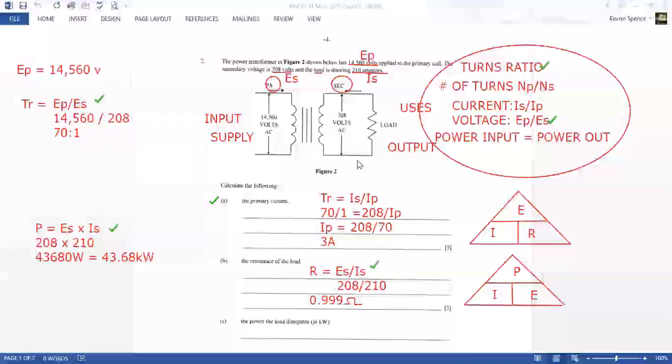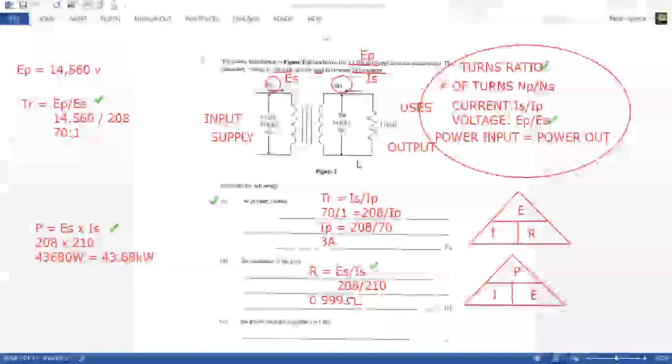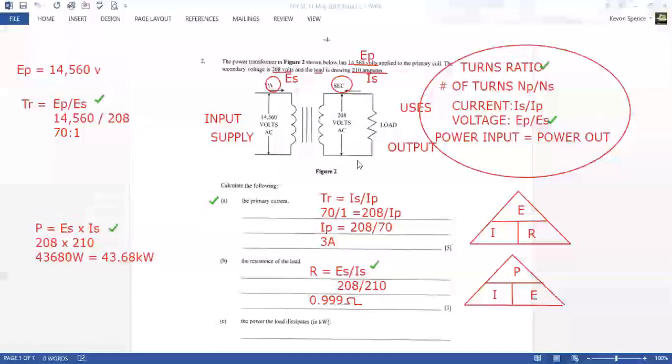To calculate efficiency in a transformer, you take the output power divided by the input power, and that will give you the percentage you call efficiency. Output over input determines efficiency.